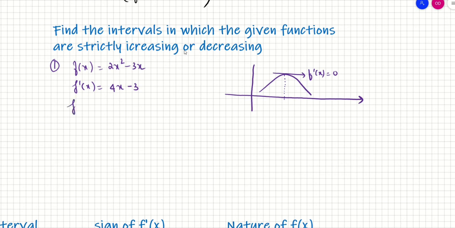So, let's put f dash of x is equal to 0. So, what happens? 4x minus 3 will be equal to 0. So, x will be equal to 3 by 4. So, we have the entire real number line minus infinity to plus infinity, and this point 3 by 4 broke this interval into two intervals.